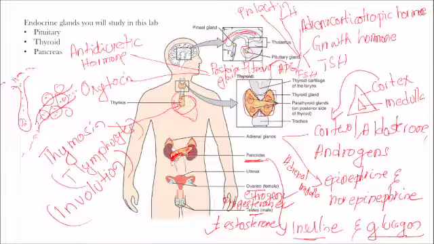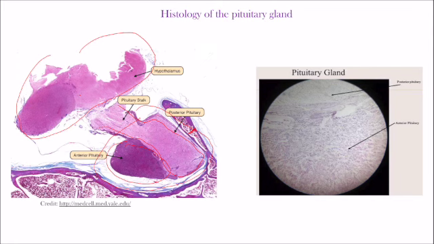Then this hypothalamus produces some of those inhibitory or stimulatory hormones that help in controlling that pituitary gland. The hypothalamus is a region of the brain that serves as a link between the nervous system and endocrine system.